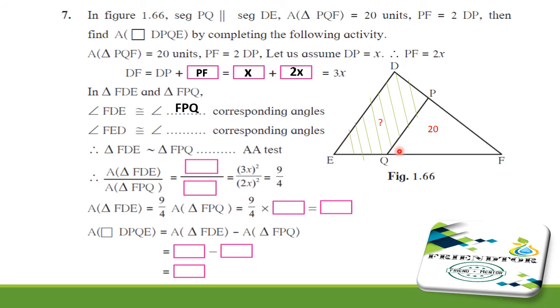Angle Q is corresponding to angle E. So angle FED is congruent to angle FQP. The reason is they are corresponding angles since PQ is parallel to DE.